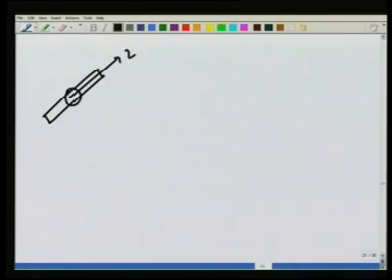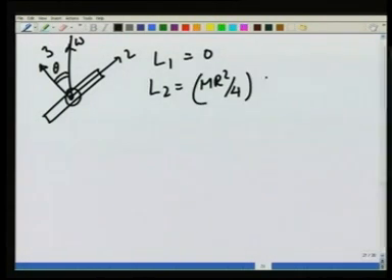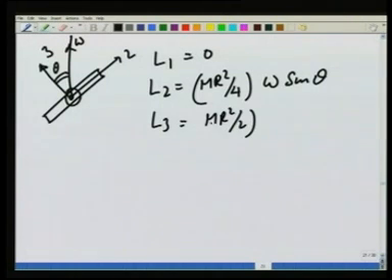At this point 1 is coming out, 3 is like this, L1 we saw is 0, this is omega, this is theta, L2 is mr square over 4 omega sine theta, L3 is mr square by 2 omega cosine of theta.